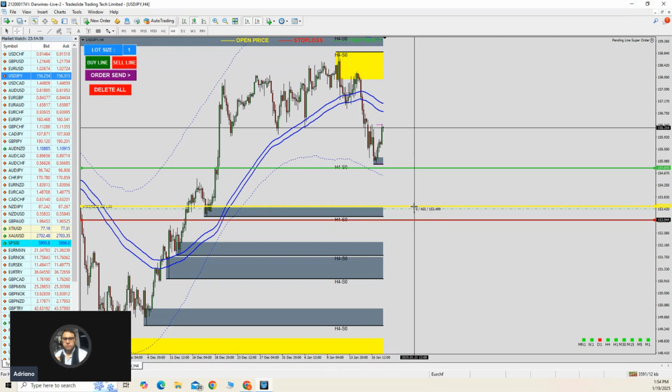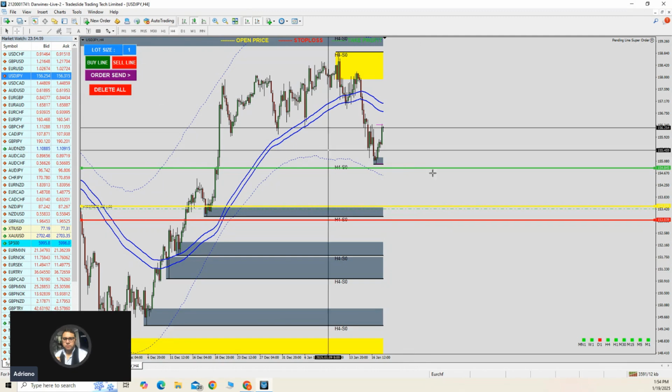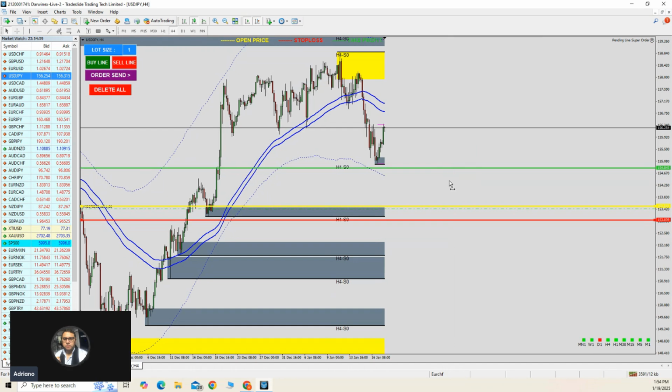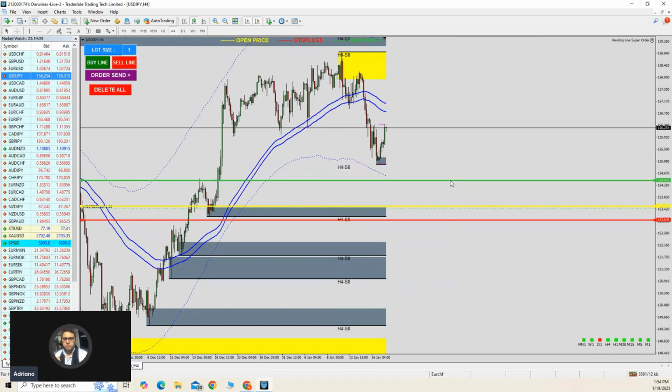So in this case, it's going to be a 45 pips stop loss, and then my take profit will be, let's put a 90 pips take profit, and then just place the order, send button here, and then the trade will be placed when the time comes.